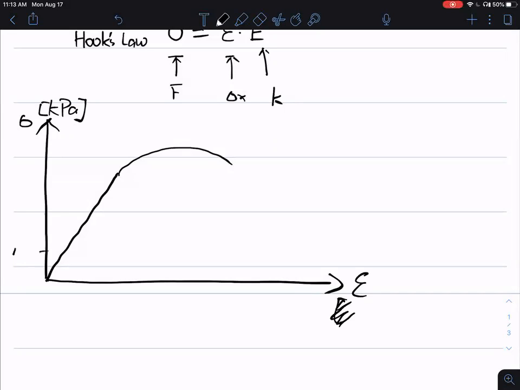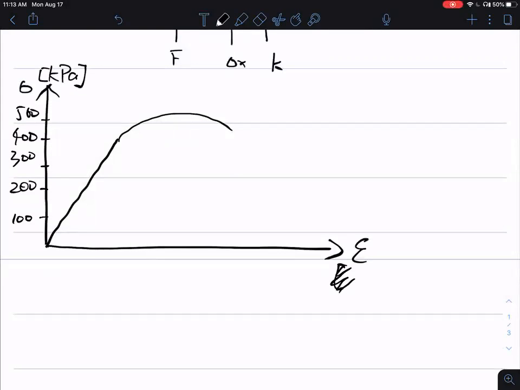We have 100, 200, 300, 400. I just gave some random numbers on this diagram so that we can practice how to find Young's modulus.